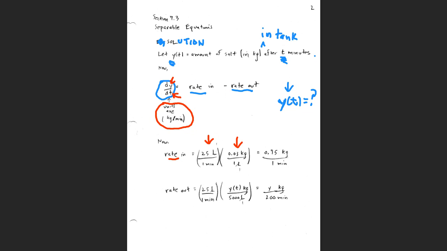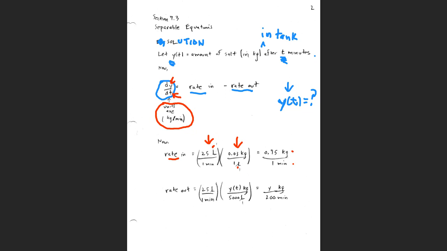And notice what happens here to the liters. They cancel out, leaving you with kilograms per minute. So the rate of salt flowing into the tank is 0.75 kilograms per minute. So you see how you can use the units to help assess that you're doing the problem right.